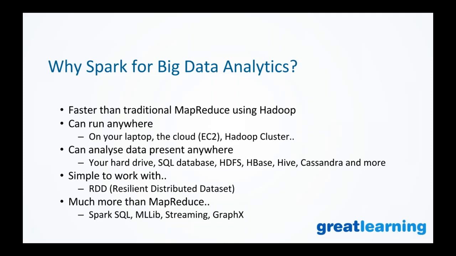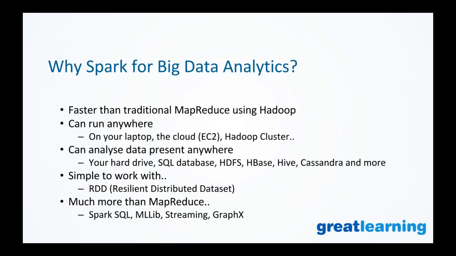The way it has been designed, Spark allows you to specify all your operations. And then when you say execute, it creates a step-by-step procedure. It knows what you want to do with the data, so it optimizes the execution plan so that your MapReduce job or whatever job you're running on your big data can execute faster. So the key takeaway is it is faster than traditional MapReduce using Hadoop.